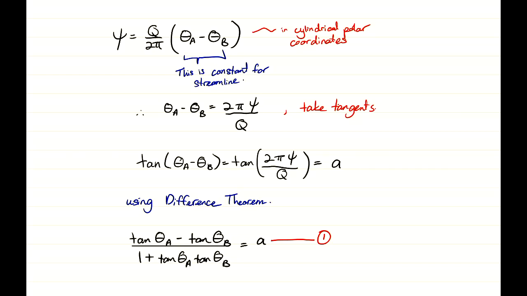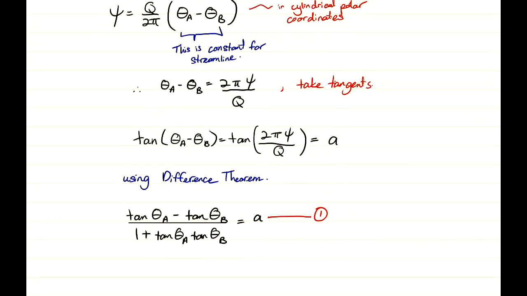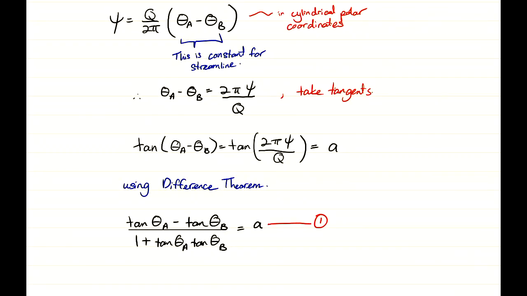But what are tangent theta A and tangent theta B? What do they physically represent? You have to go back to the diagrams again to find out what tangent theta A and theta B are.